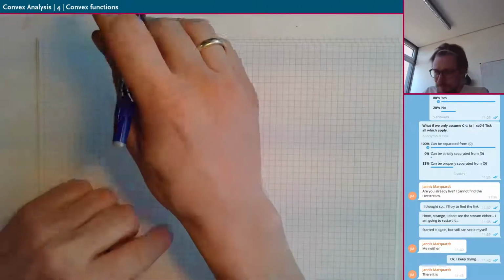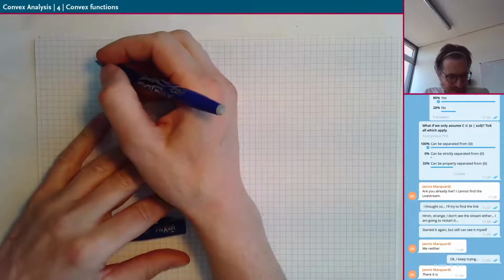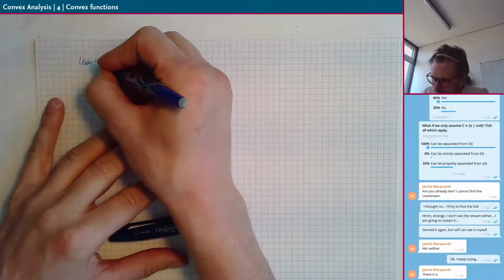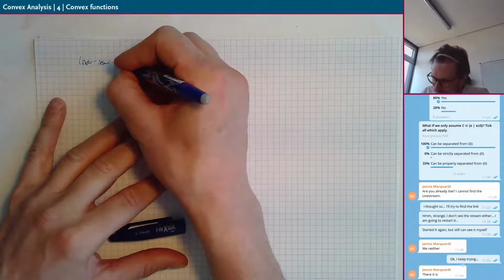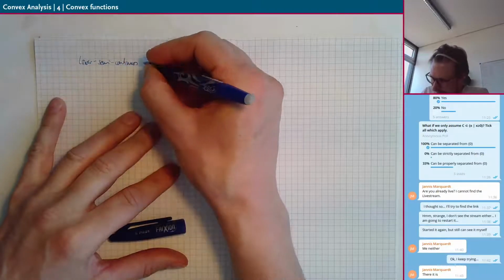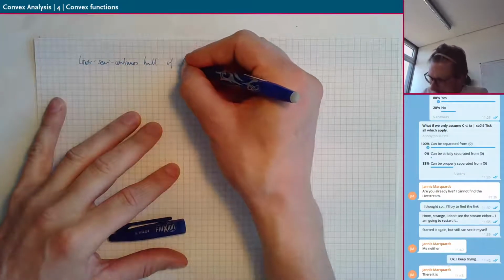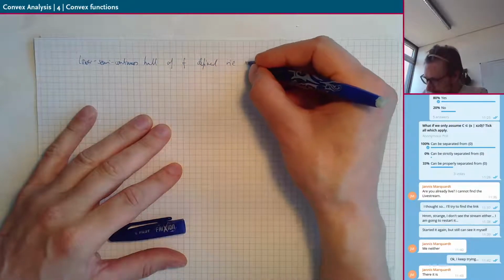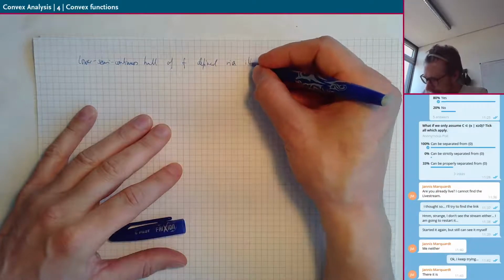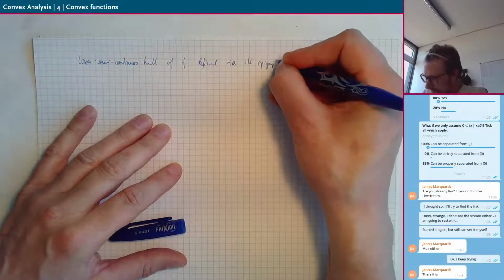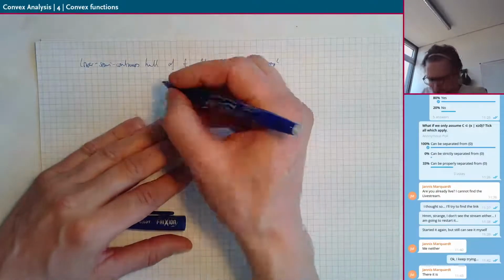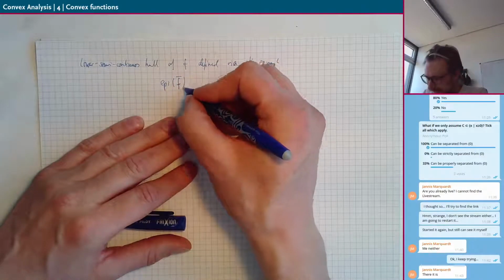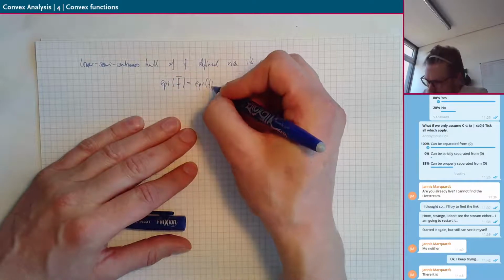So what we can do is the lower semi-continuous hull. The lower semi-continuous hull of f is defined via its epigraph. The epigraph of the hull, which is denoted by f overline, is just the closure of the epigraph.